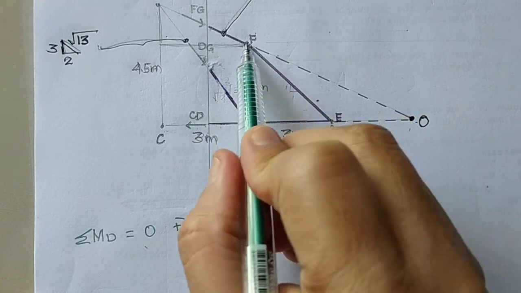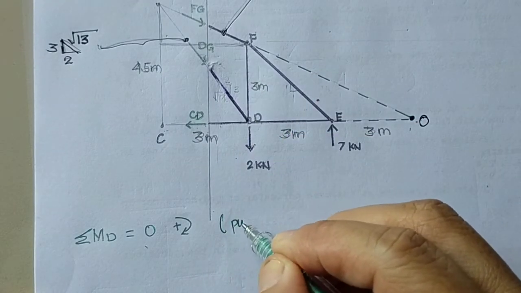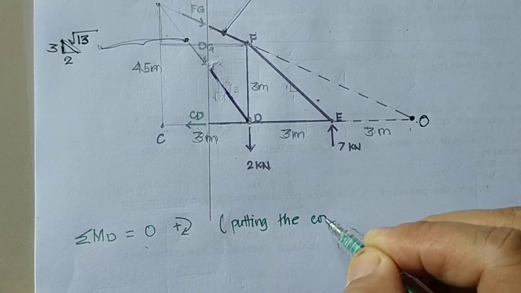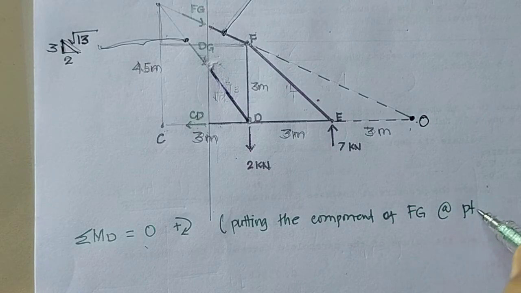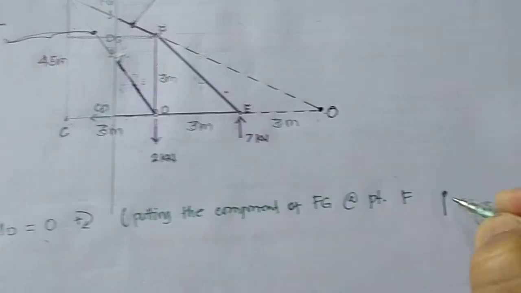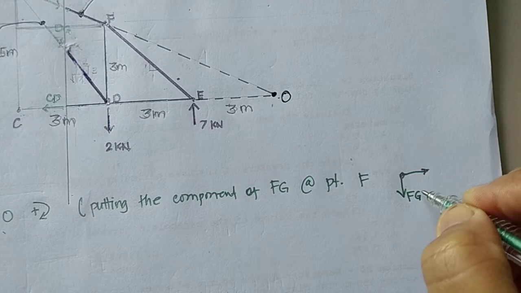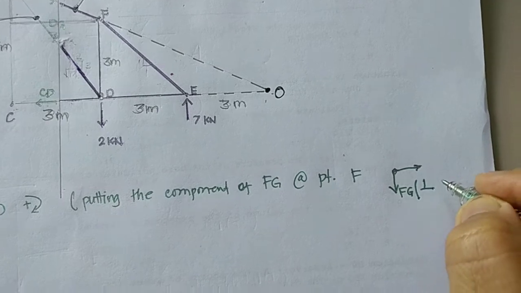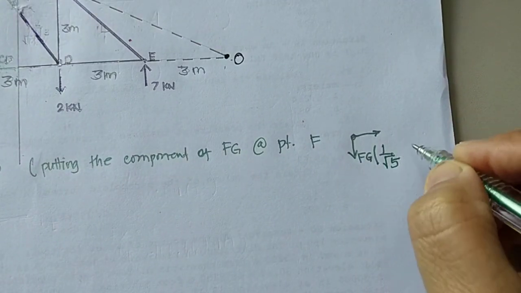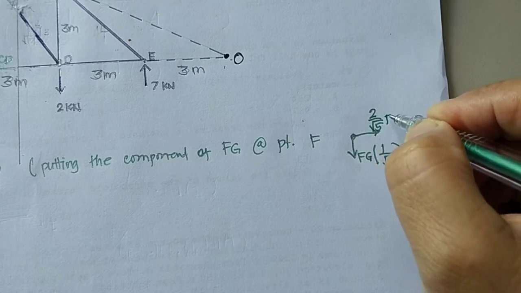So I will put the component of FG at point F. Okay, putting the component of FG at point F. It looks like this is FG, horizontal, that is vertical, that is 1 over square root of 5, and for horizontal this is 2 over square root of 5 FG.